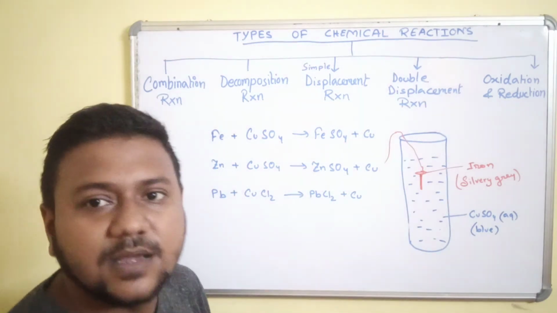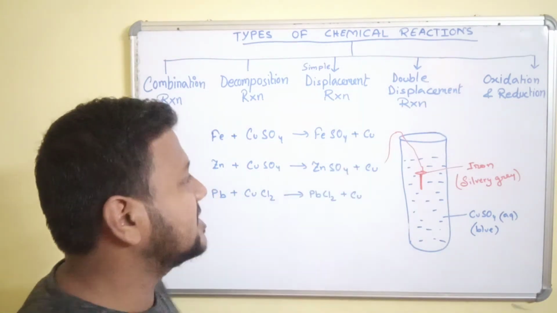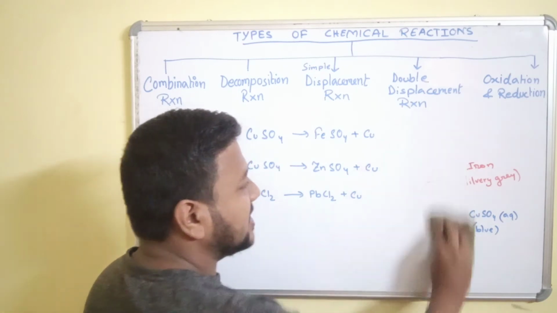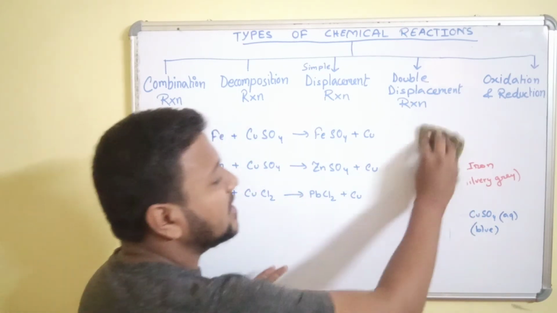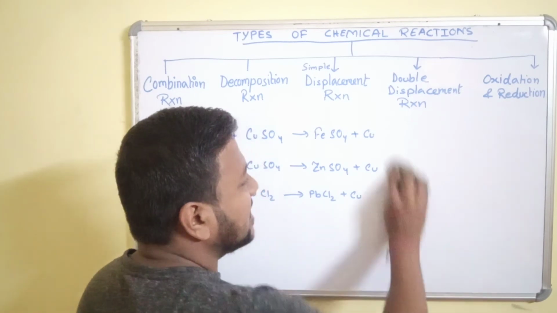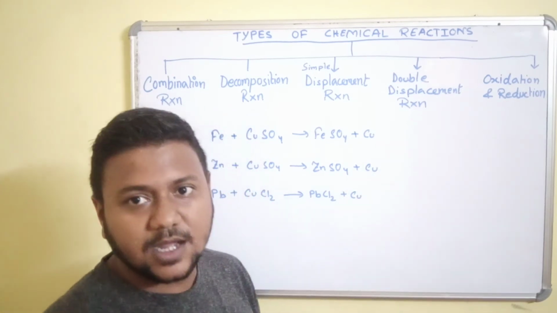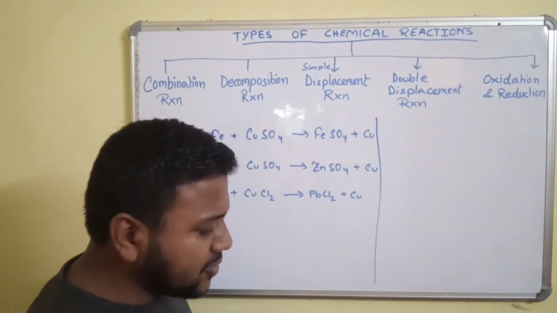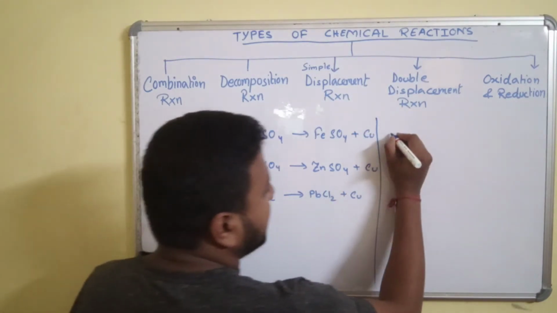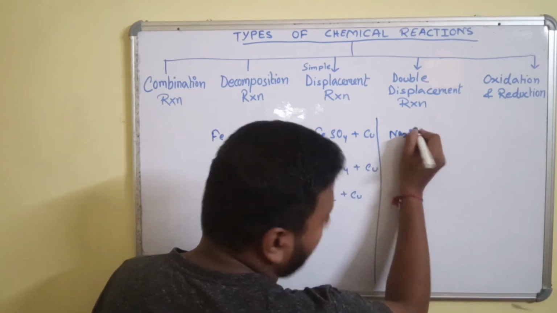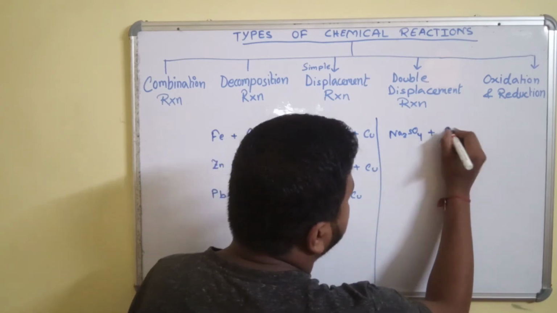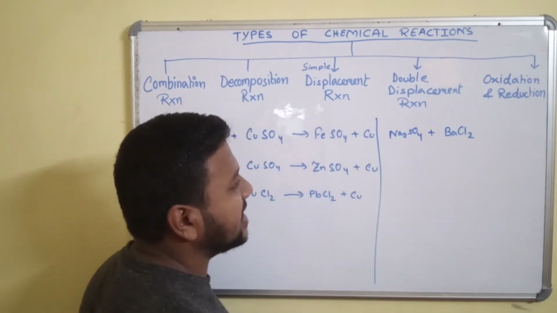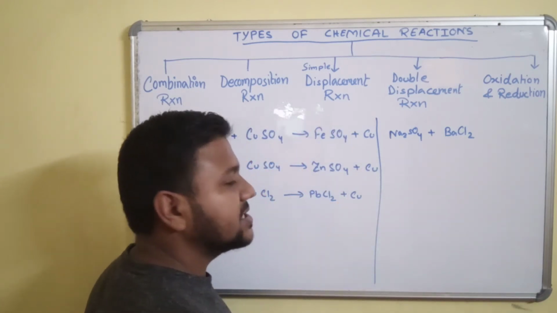Now in the same manner we will also see the double displacement reaction. In double displacement reactions, the simple displacement occurs twice, or we can say a double replacement occurs. Suppose let us take an example: Na2SO4 plus BaCl2.